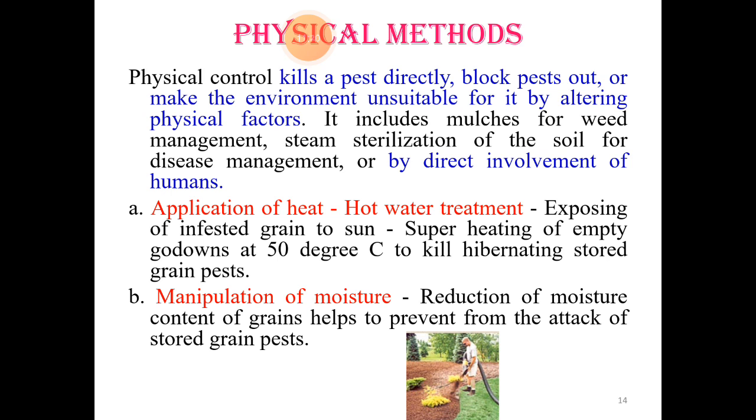Example, hot water is sprayed or used to kill the hibernating pests of rodents in the empty godowns. The infected grains are exposed to the sunlight to kill the pest population within.